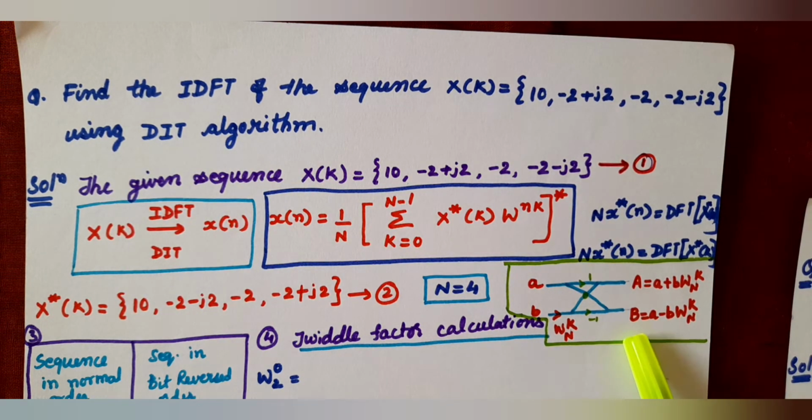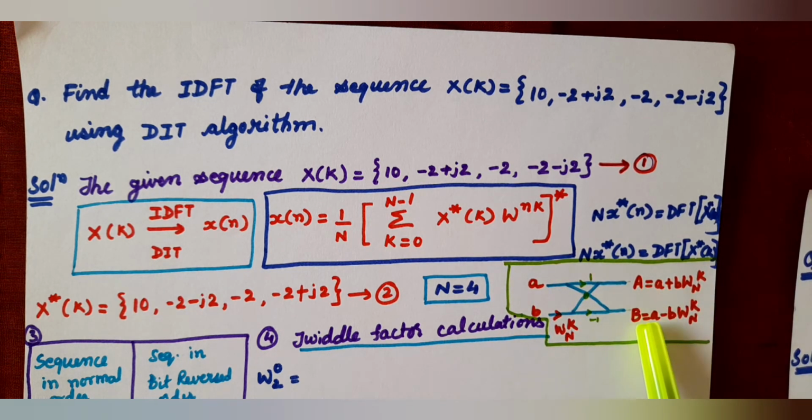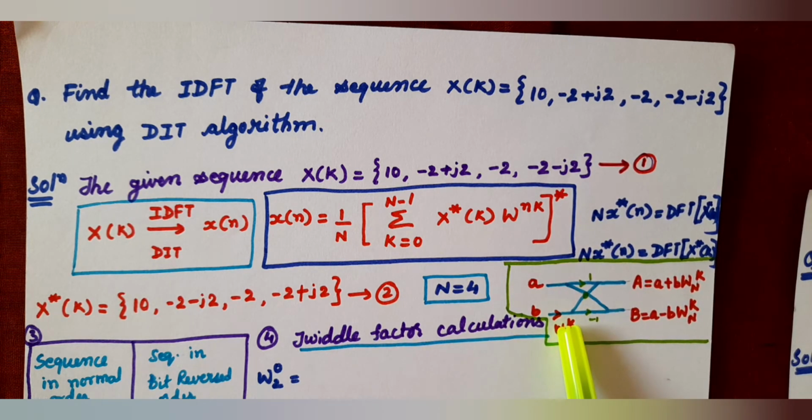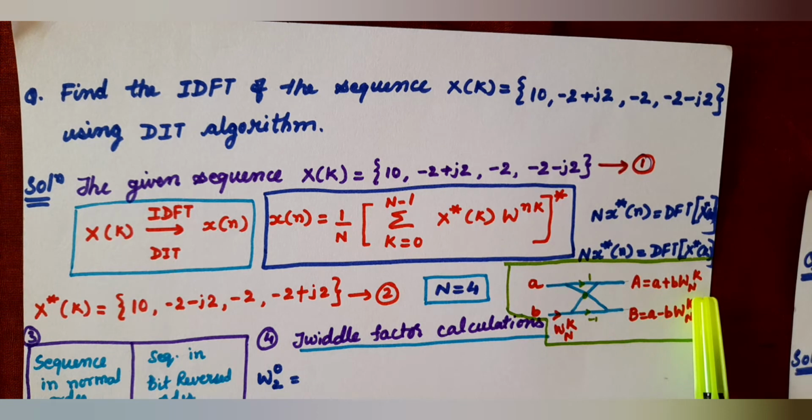All of you know what is DIT algorithm. Small a, small b are the input variables, capital A, capital B are the output variables, and the twiddle factor Wn to the power k is placed at the beginning of the second line in a DIT flow graph. So for solving this problem, you have to know the basic butterfly diagram of DIT and its output equations.